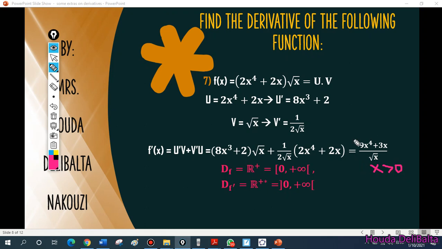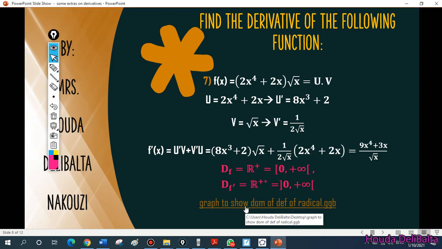Here the condition was that x is greater or equal to 0, while for f prime the condition is that x is just greater than 0, and that's why we write it open at 0 till plus infinity. That's how we write the domain of definition of f prime in interval form.